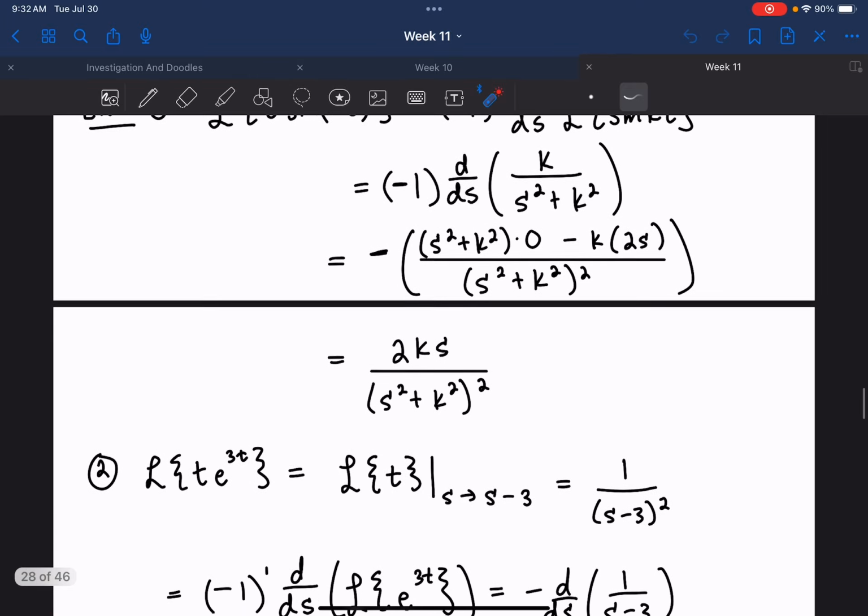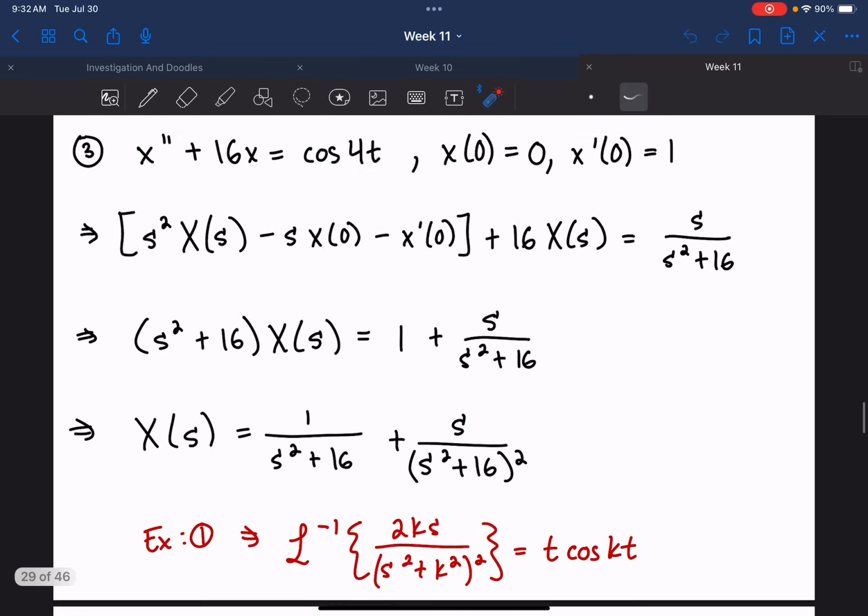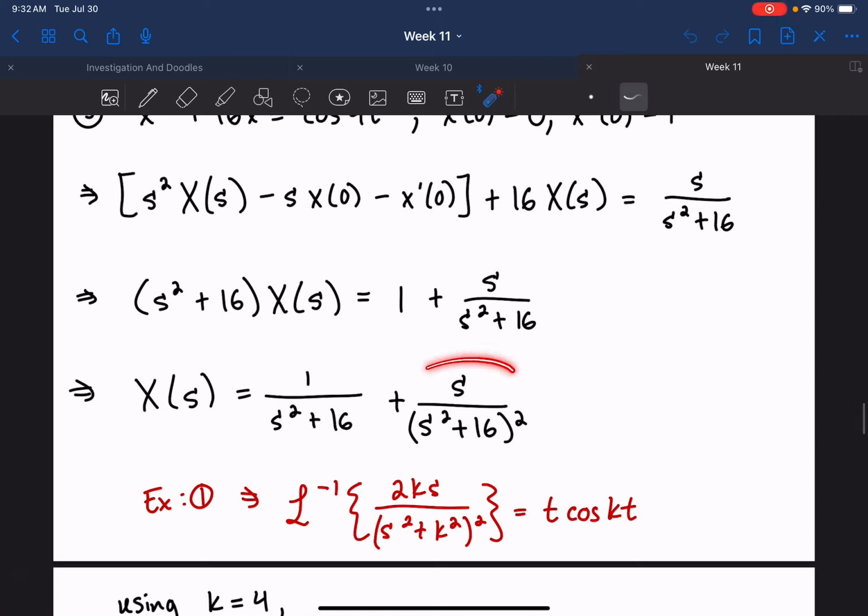So if we look back down here, this is close, right? This is number times s over s squared plus 16 all squared. And 16 is 4 squared, right? So this is almost, well, I said cosine there, it should be sine.